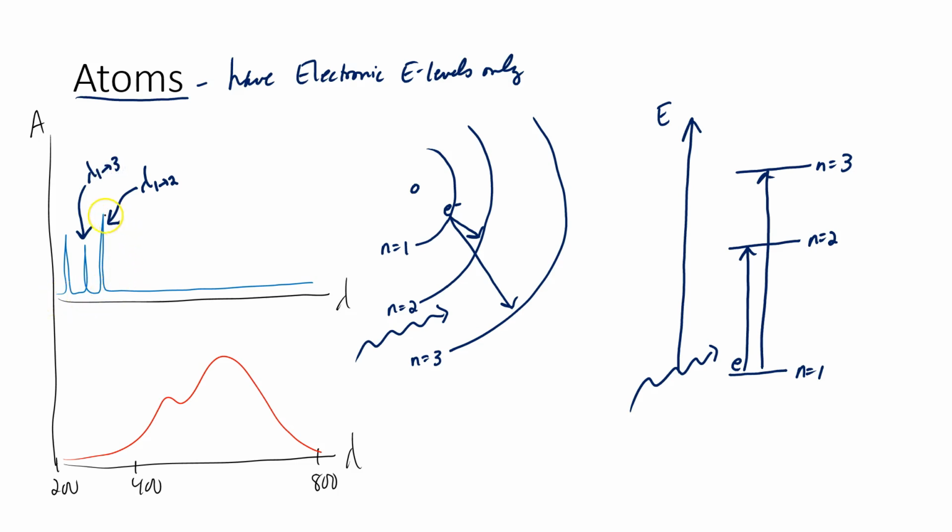So you see sharp lines because each line represents the movement of an electron from one shell to another.